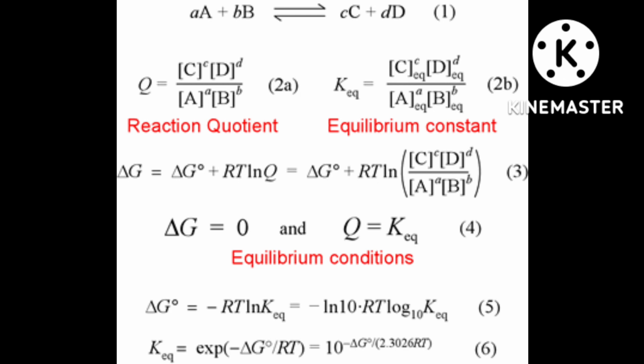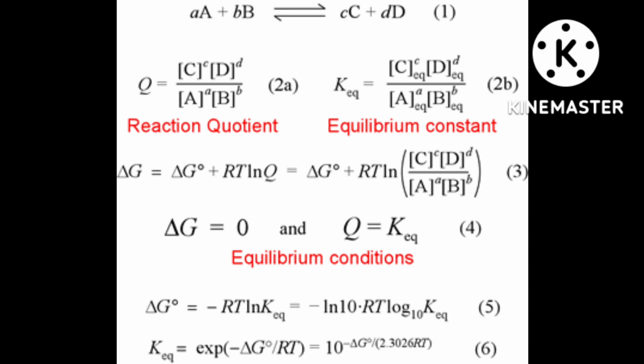D's coefficient was 3, then it will go D power 3, divided by A. Suppose A was 2, then A power 2, and B was also 2, then B also power 2. You have to write like that. This is the way to write K, the equilibrium constant.